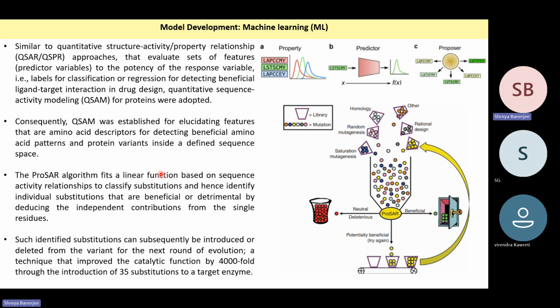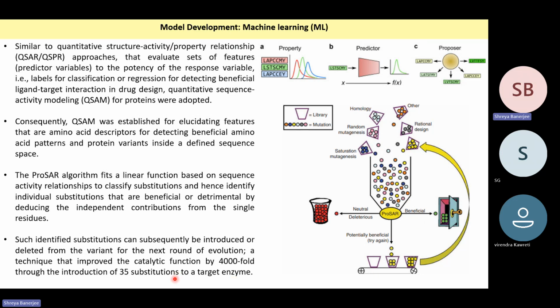Based on the machine learning, the algorithm will predict which sequence mutations will result in the function that we want. So we identify the beneficial substitutions and the detrimental substitutions from a known database of proteins. And these identified substitutions can be introduced or deleted for the next round of evolution. This has improved the catalytic function by 4,000-fold.